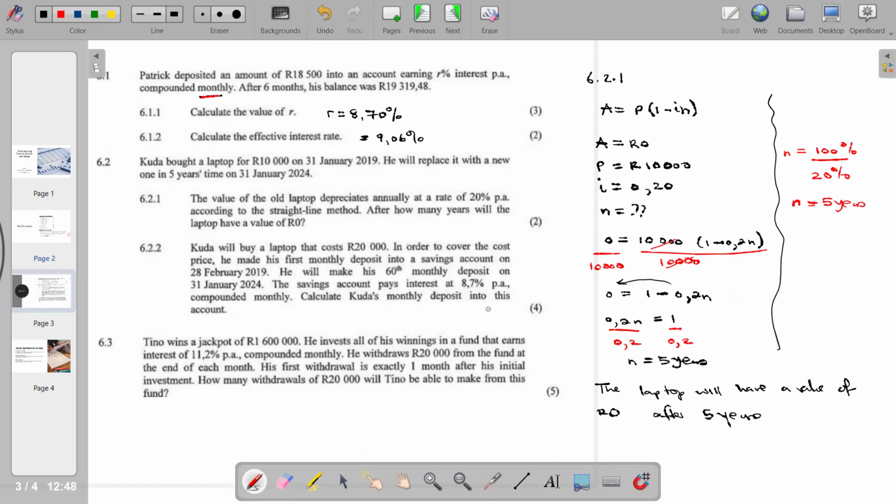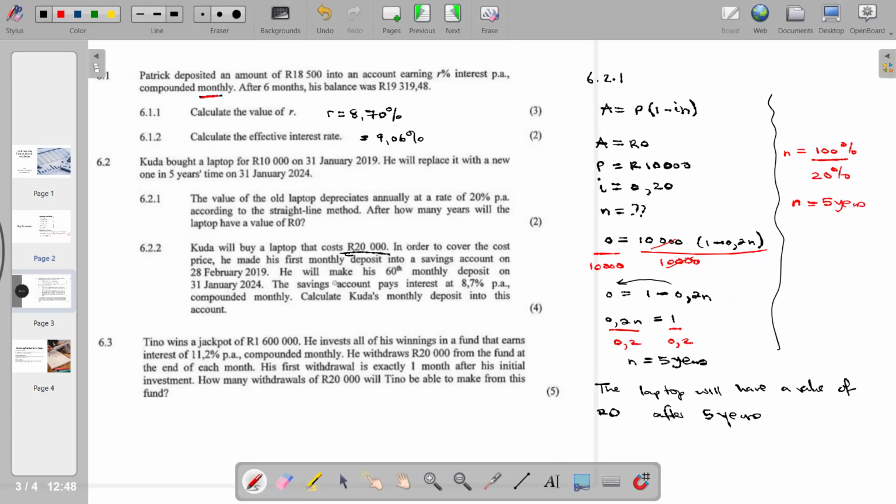So if we check from what we are given there, the cost, that is when he wants to buy the laptop, meaning to say this is the future value. But to cover for this future value, he wants to be paying from now.